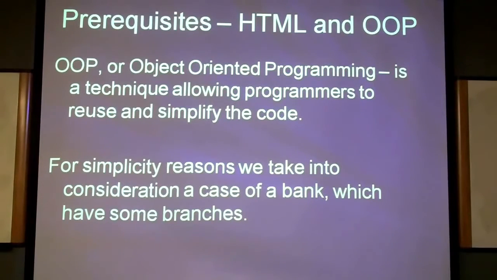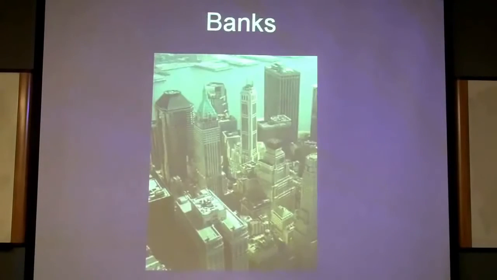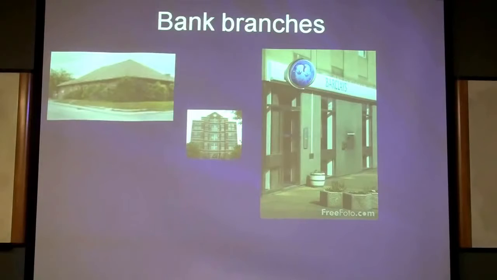Okay. So for simplicity, just to illustrate the concept, I took an example of a bank which has some branches. We can imagine that this is the headquarters of the bank, which might not be the case nowadays, because of the crisis. But anyway, let's assume one of the buildings in Manhattan is the headquarters. And this bank may have different branches across the country.